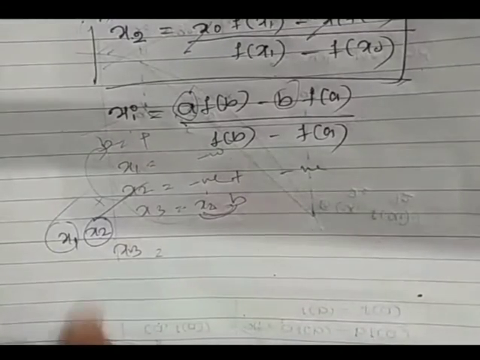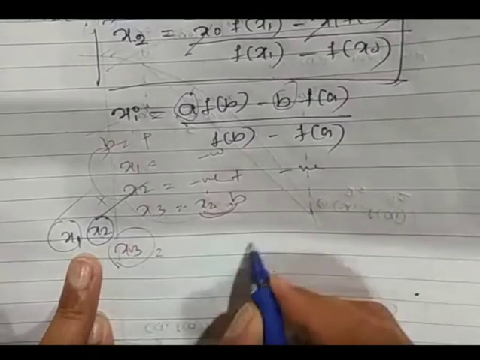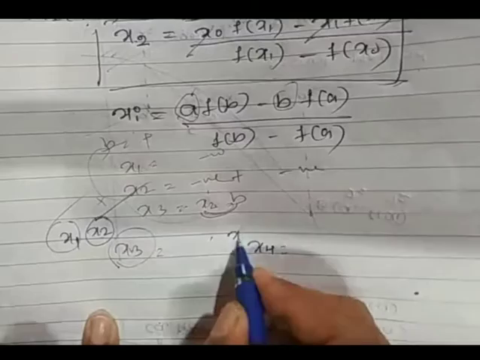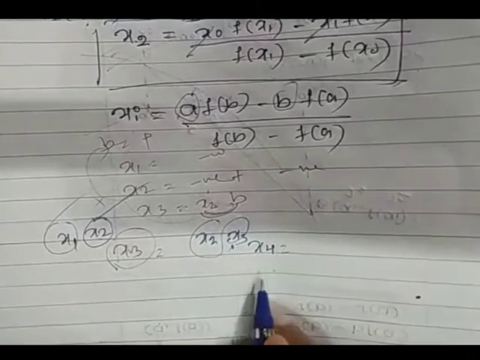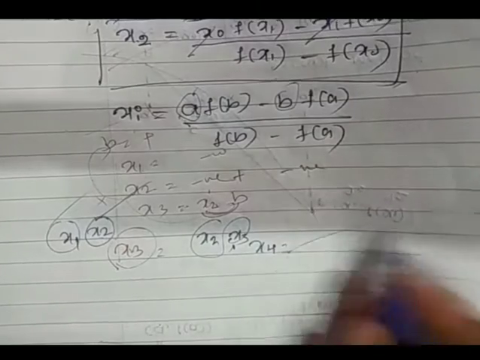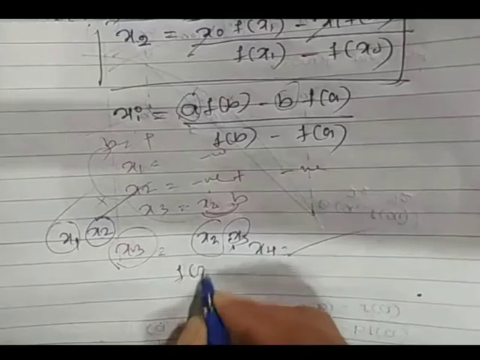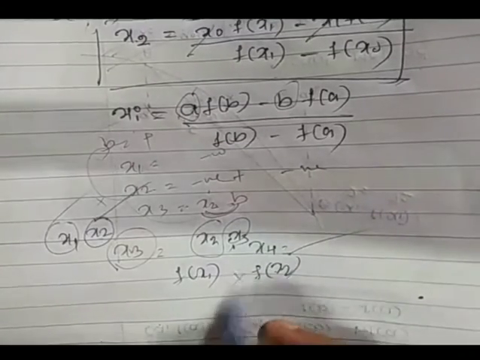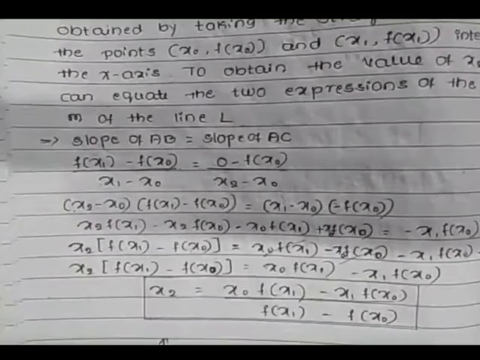Directly we can consider x1 and x2 to calculate x3. Similarly, to calculate x4, the previous two results, that is x3 and x2, using these two values, directly we can calculate x4. So whether f of x1 is negative or f of x2 is positive, this doesn't matter in the secant method. That we will discuss again in the working rule of the secant method.